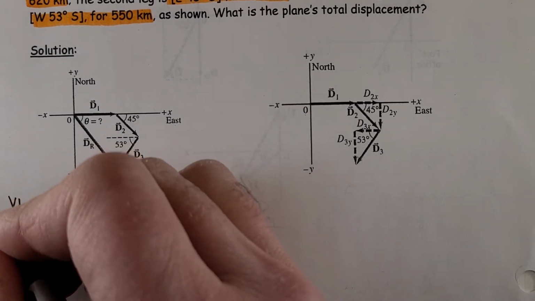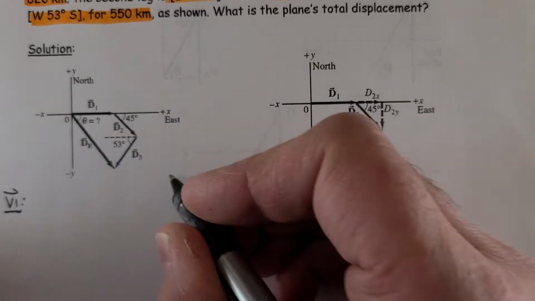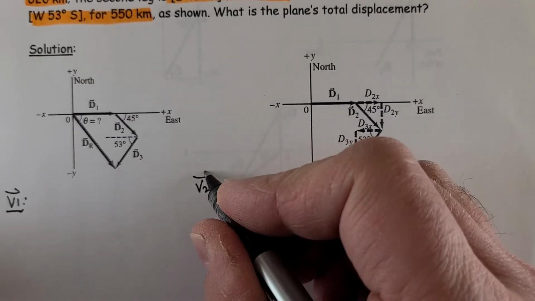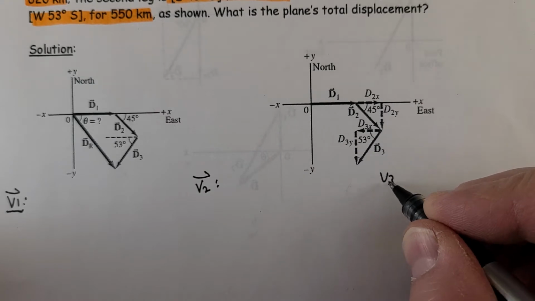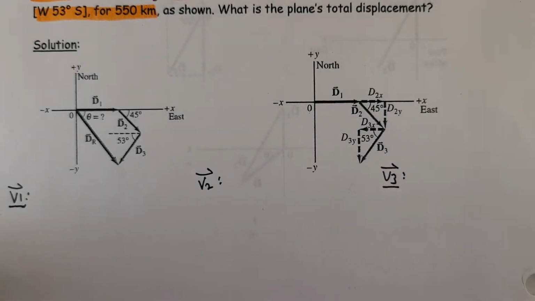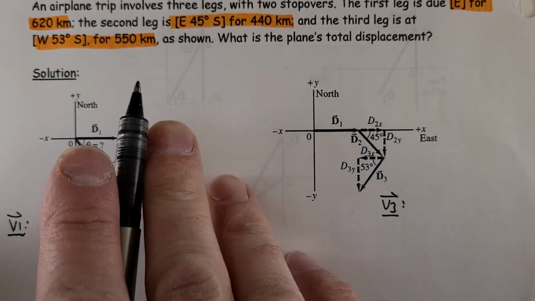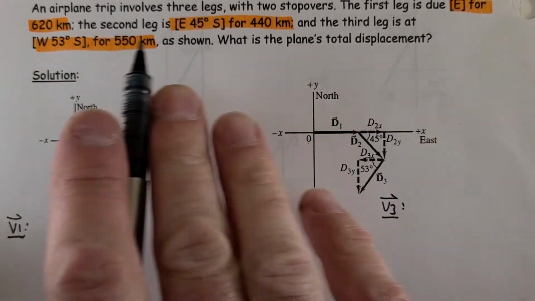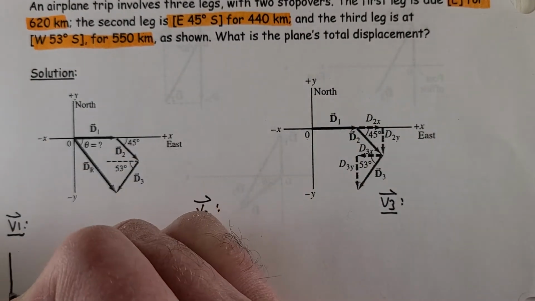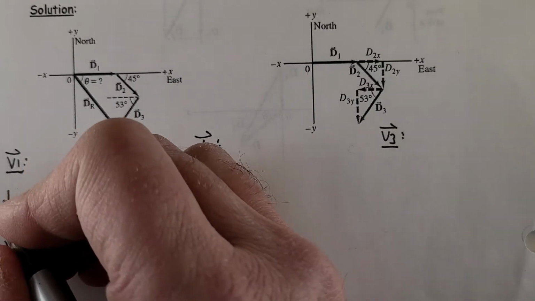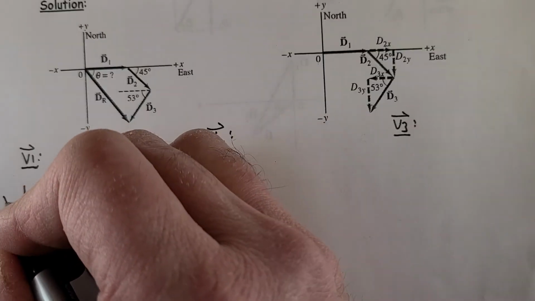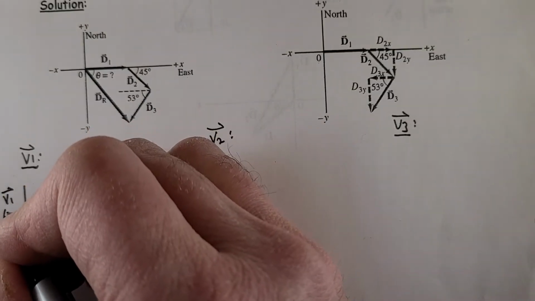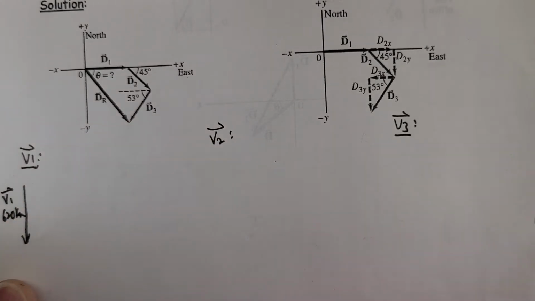So we have a vector V1, vector V2, and vector V3. Okay, so the first one is relatively straightforward. This is simply south for 620. So V1 is 620 south.